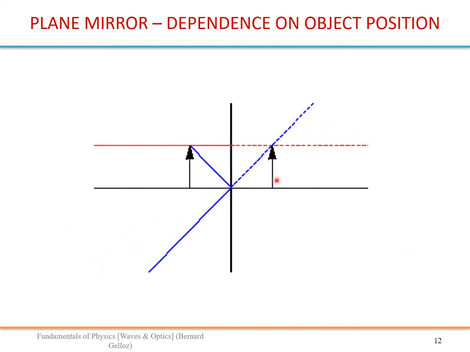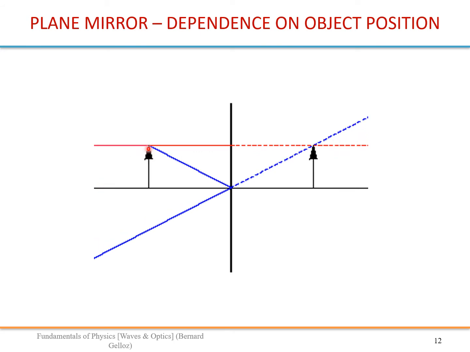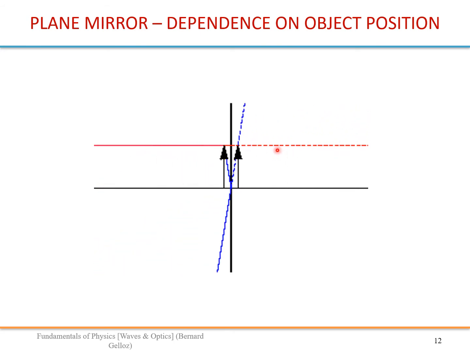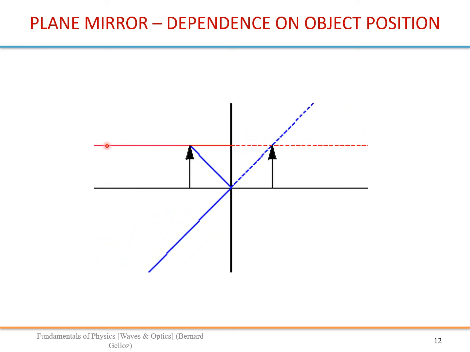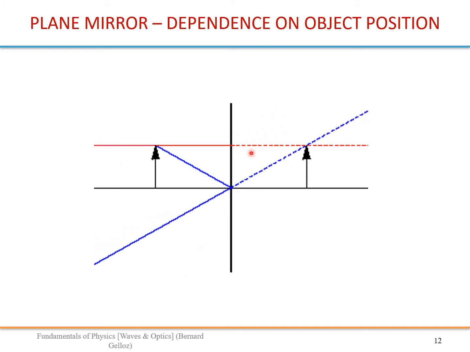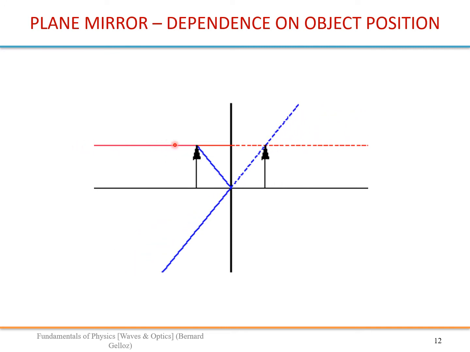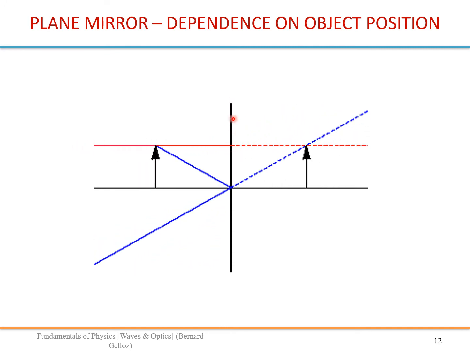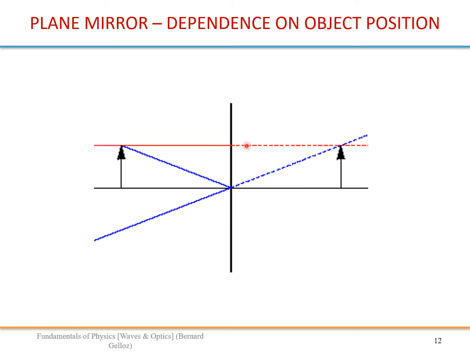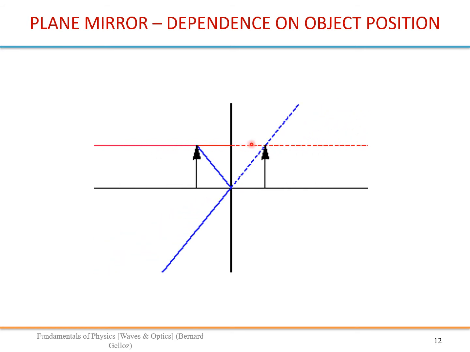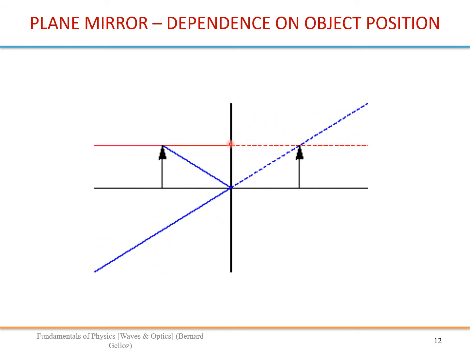So this animation shows just that. When you want to find the image of an object, you have two very convenient rays for a plane mirror. You just take one ray intersecting the mirror normally, so perpendicularly, the red one here.